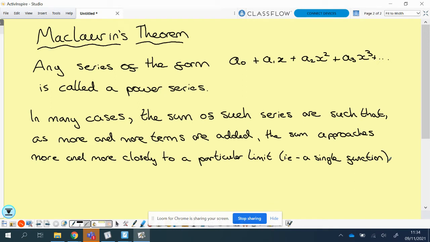So, if you have a power series that, the more terms you add, begins to look like another function, or if you took the limit, it looks like a limit of another function, then it converges to a limit.